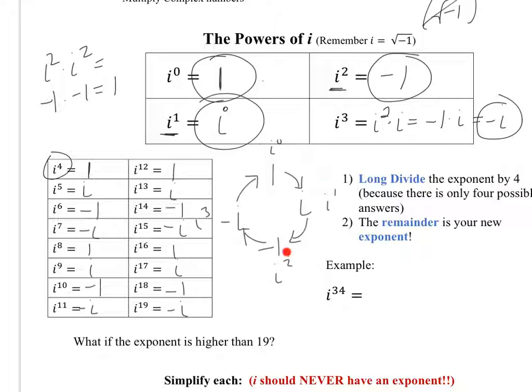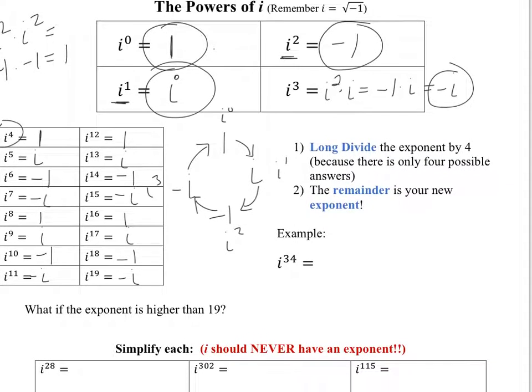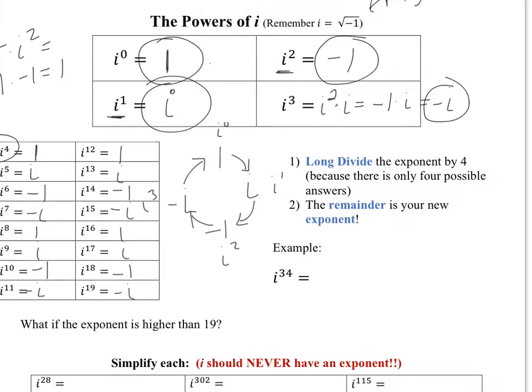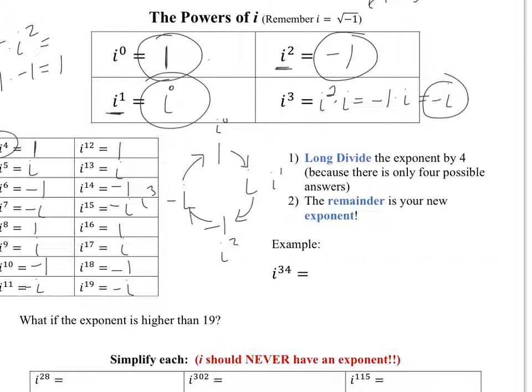So if I say find i to the 34th, you're going to have to go around this a few times. But if you think about it, you only have to do it for where it isn't divisible by 4. So there's only 4 possible answers. If I take 34 and divide it by 4, that tells me how many times I went around the circle.